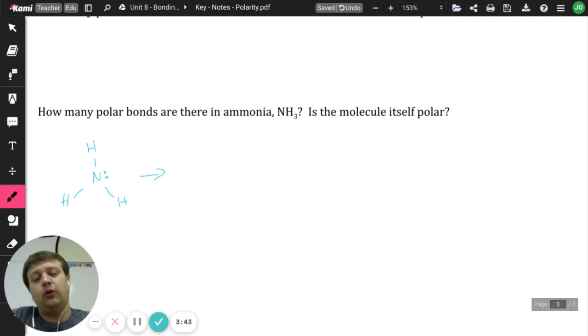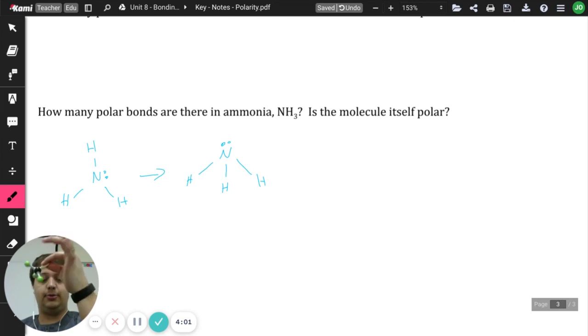So when you have that lone pair, what do we know? Lone pairs are very repulsive, so they push everything else away, right? And so this turns into this. Okay, so we know that we've got this trigonal pyramidal shape, because you got your lone pair here, and then you've got your 3 different hydrogens coming off the bottom.